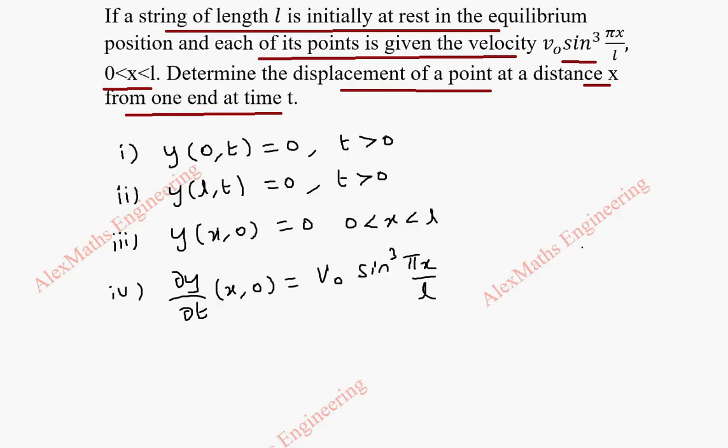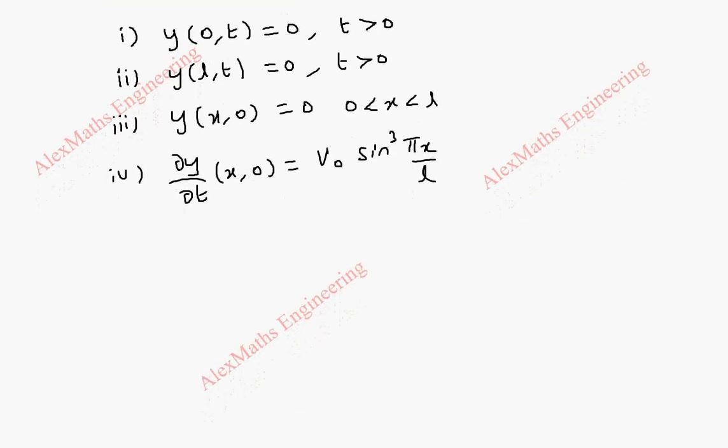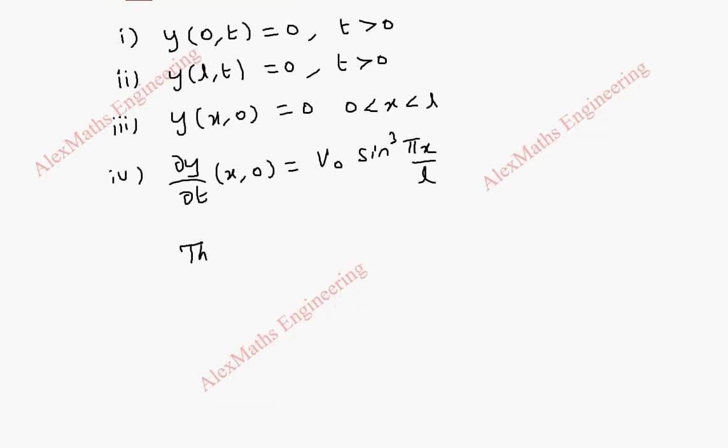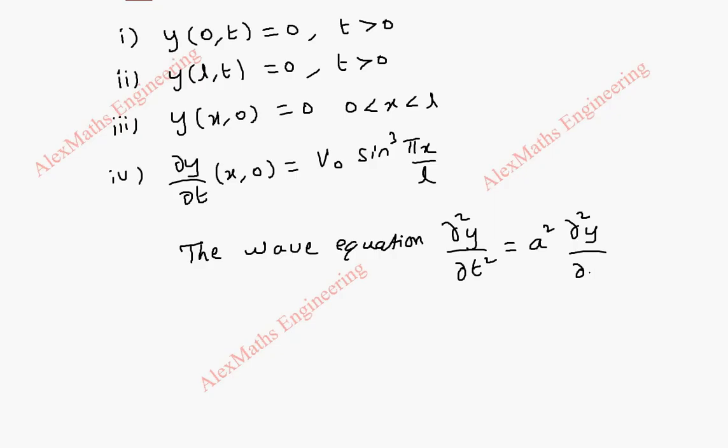Now we are going to write the wave equation. The wave equation is dou square y by dou t square equal to a square into dou square y by dou x square. We have a suitable solution.